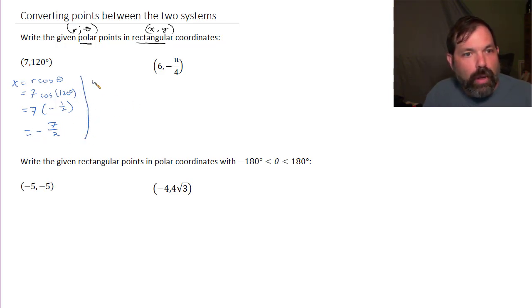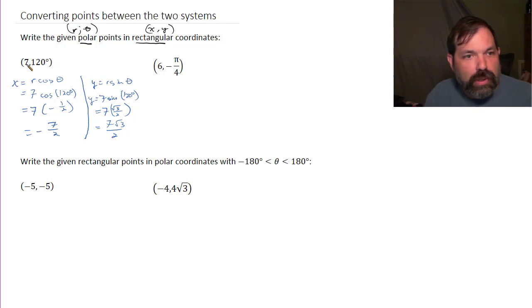The y-coordinate is given by r sine theta. And so then the y-coordinate is 7 times the sine of 120 degrees. And the sine of 120 degrees is the square root of 3 over 2. And so then that's just 7 root 3 over 2.